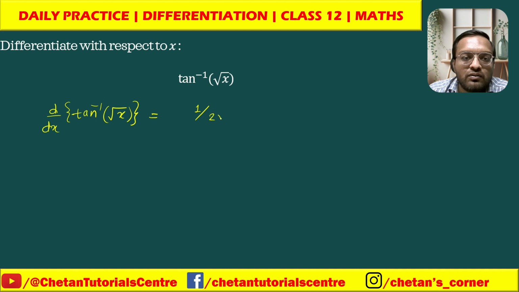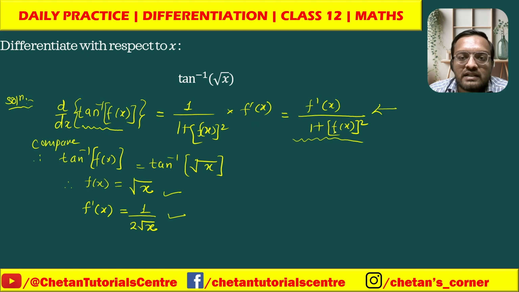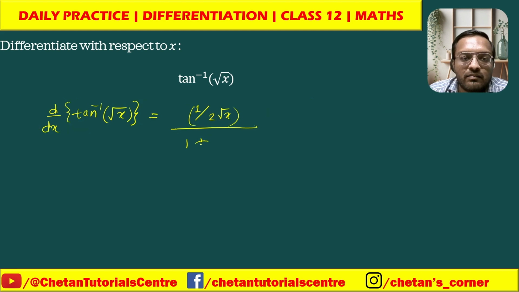So 1 upon 2 under root of x is divided by 1 plus f of x bracket square. Here f of x is under root of x, so what will I get? 1 plus f of x, what is f of x? Under root of x and its bracket square. So in this way I have substituted the values of f of x and f dash of x in the standard formula.